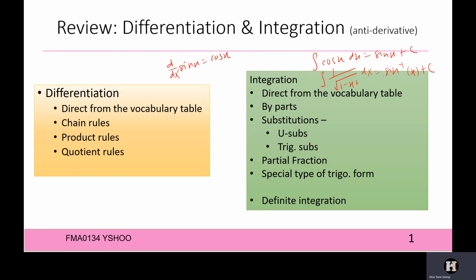After that we go into methods. When people talk about methods, they always talk about substitution first. Why do I put by parts first over here? Because by parts is sometimes easier to identify compared to substitution. But bear in mind that sometimes in integration you can combine methods into one integration.